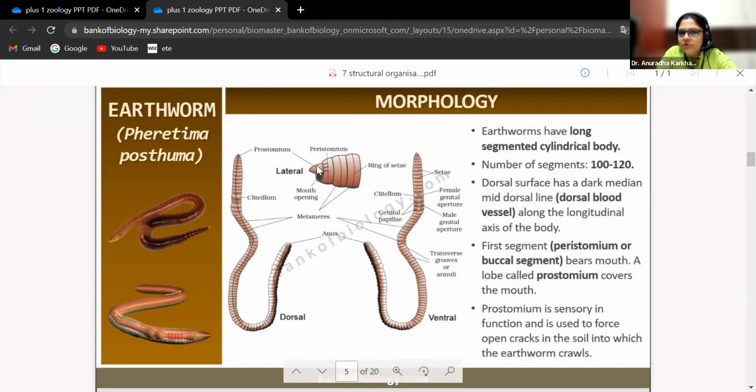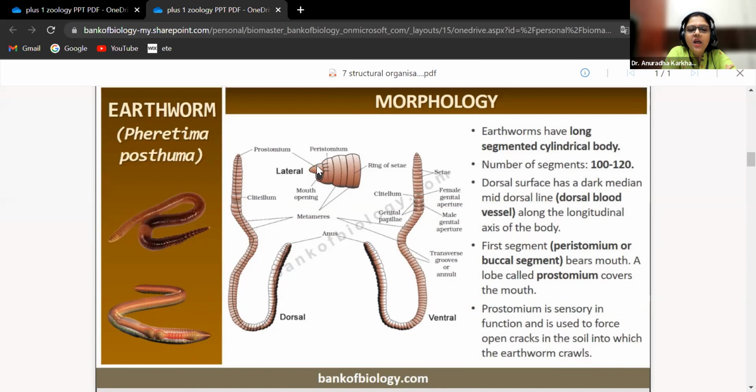What is the function of prostomium? Prostomium is sensory in function and is used to force open cracks in the soil into which the earthworm can crawl. So it's just like a poking organ, which helps in boring the soil so they can move inside. So what do we call that poking organ?